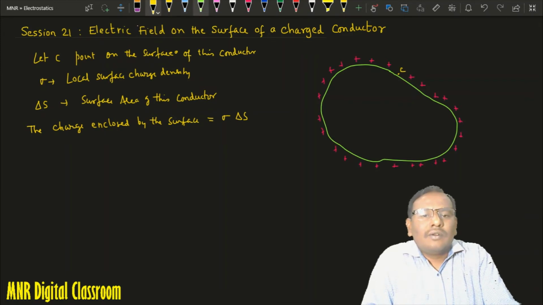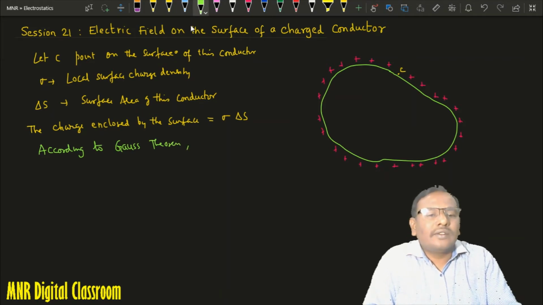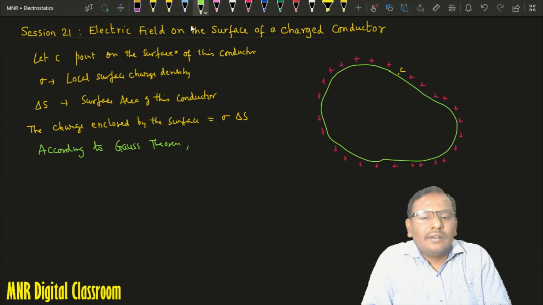Now apply Gauss theorem. According to Gauss theorem, we know that the total flux emerging from the surface of this charged conductor, phi total, is equal to 1 over epsilon naught times the charge enclosed by the surface.